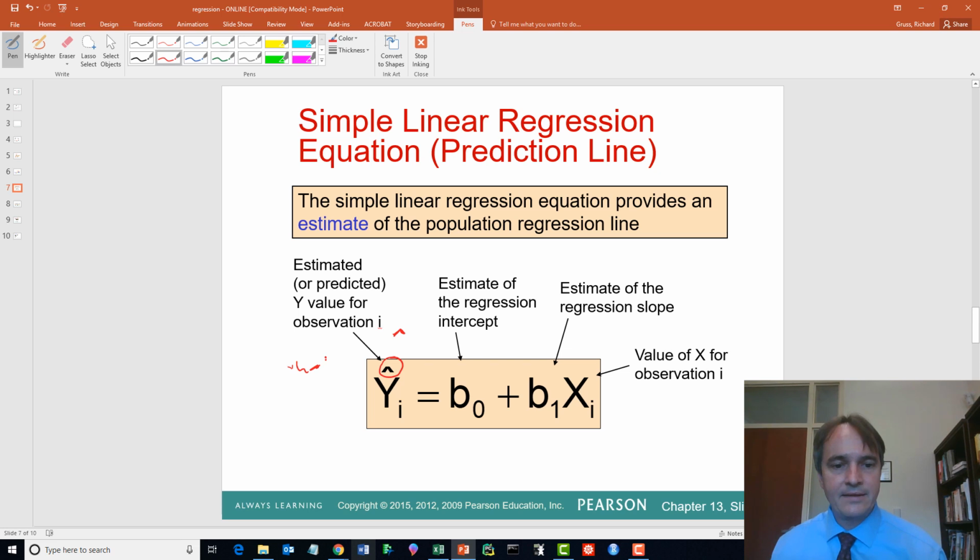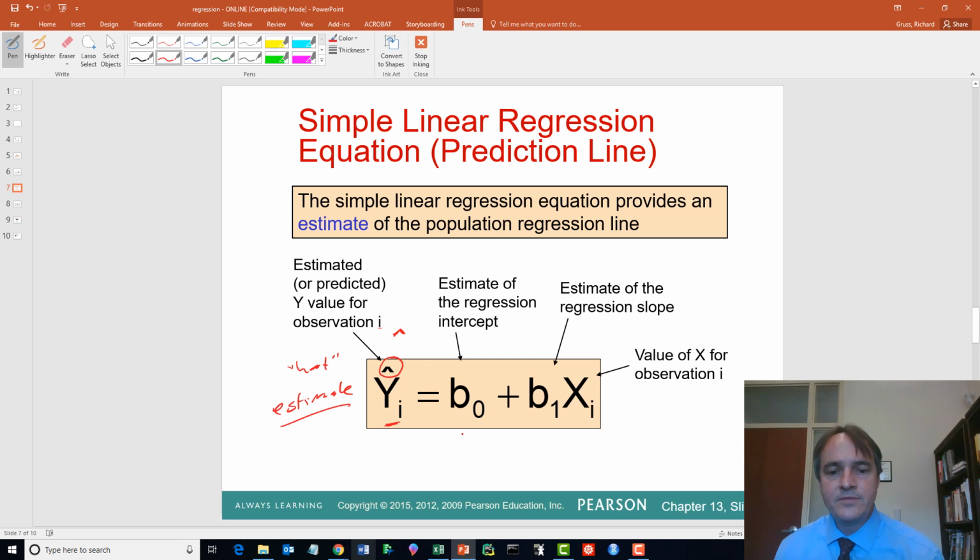We put this little hat on the y to indicate that this is just an estimate. This is an estimate based on a sample, okay? So what we're actually going to be coming up with is an estimate for what the dependent variable will be based on our sample.